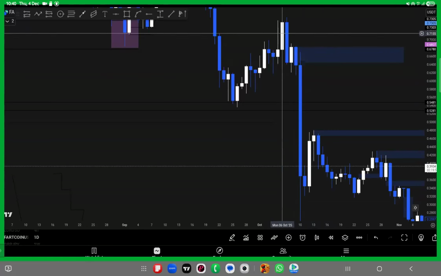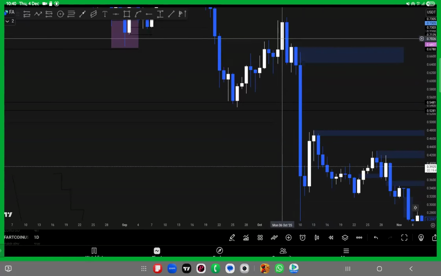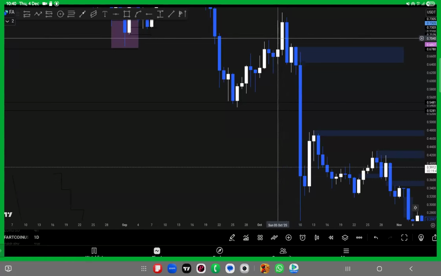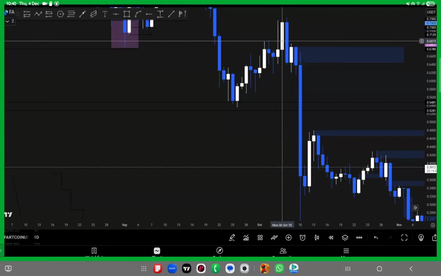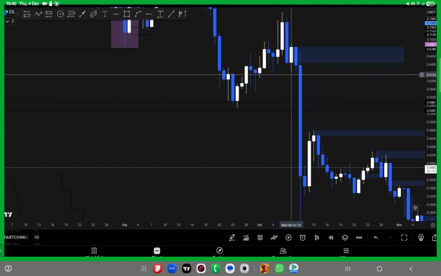Even this particular candle here, this one engulfed this previous white candle. This blue candle here, it engulfed the previous white candle. All right. We want to see that this candle closes below, in the case of a downtrend, we want to see that it closes below the previous candle low.